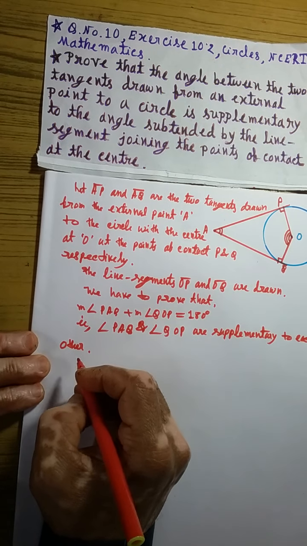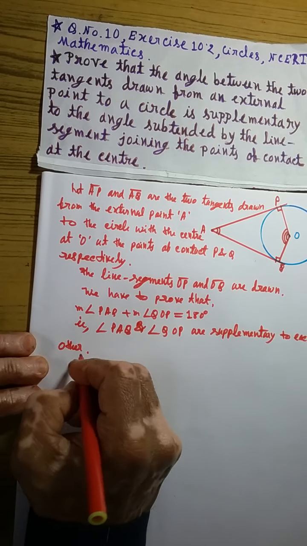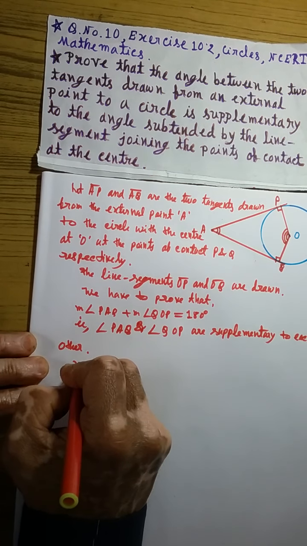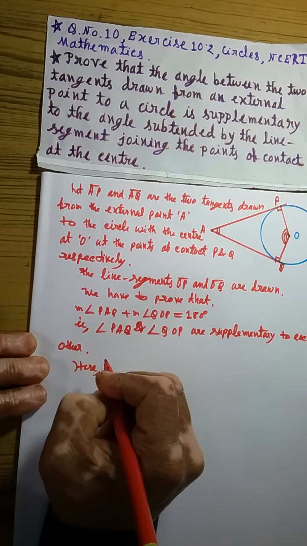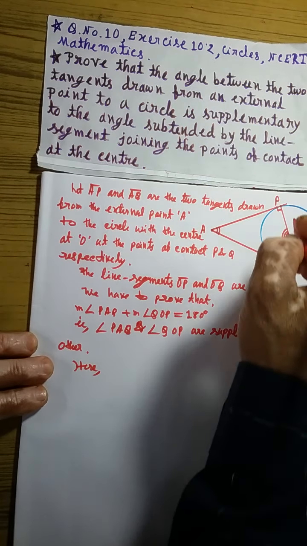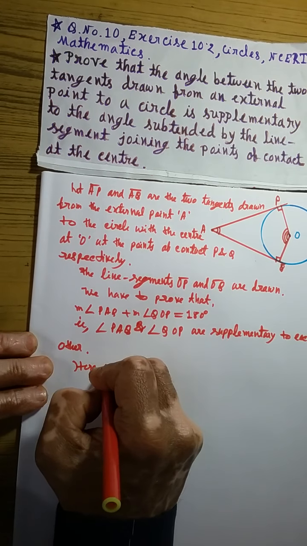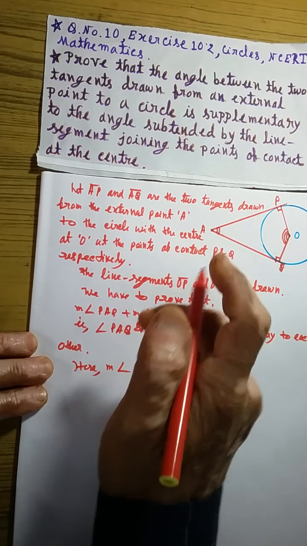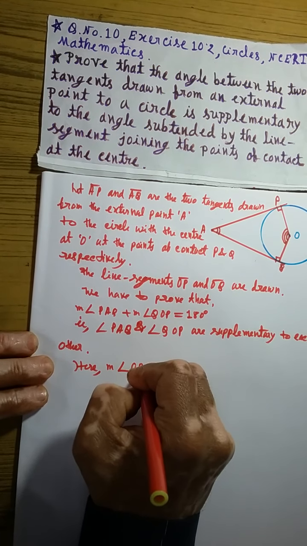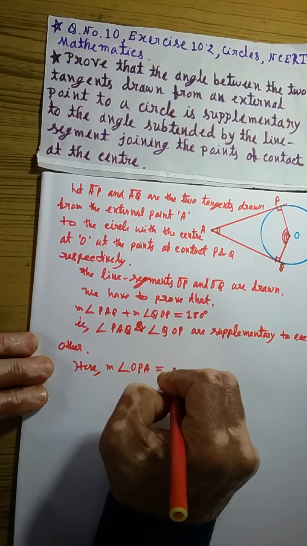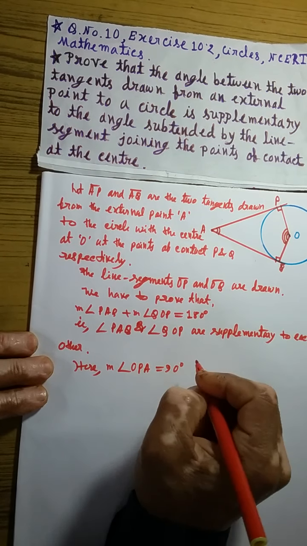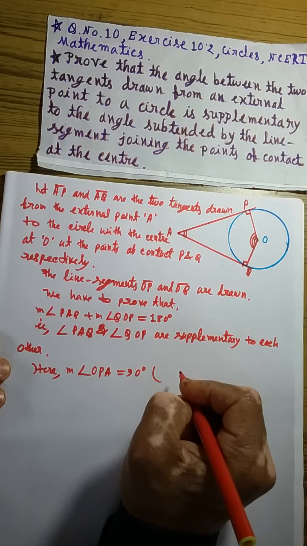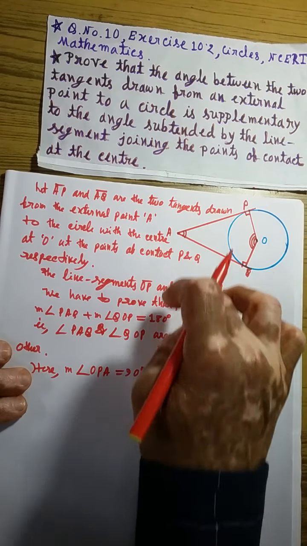So let us proceed in this way. Write in this way. Here measure of the angle OPA is equal to 90 degrees. Write within bracket: OPA is equal to 90 degrees.